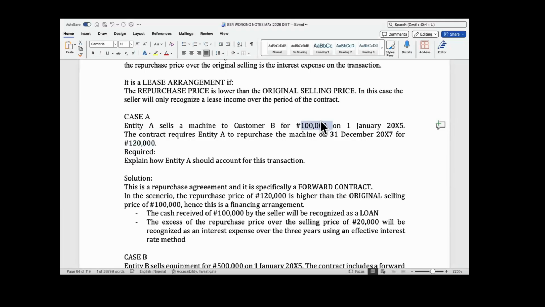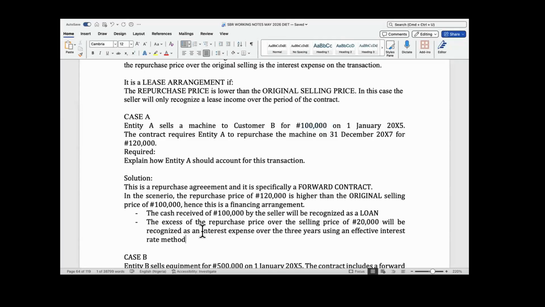That's the judge of whether this is a financing agreement or a lease. Anytime we have a forward contract where the seller must repurchase, the difference between the two, the excess, because it's paying more, that means it's paying interest.